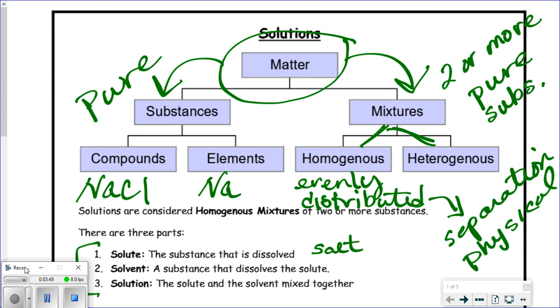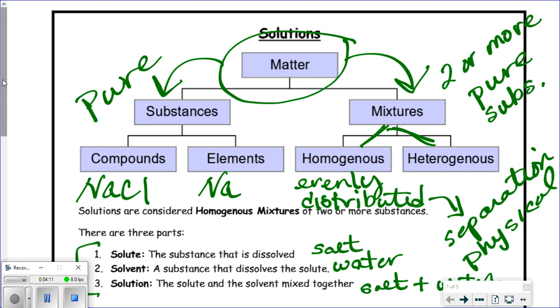The solvent would be my water. Those are my two parts. Now the solution is where I have the salt plus the water, those two things combined.